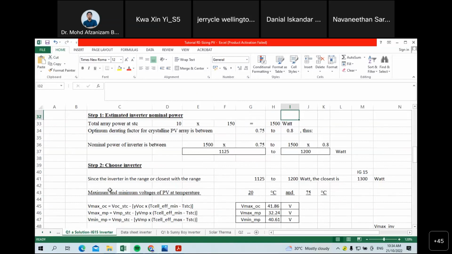Firstly, we start with this equation, yellow in color. Vmax OC, maximum open circuit voltage, equals the VOC, voltage open circuit at STC, minus gamma VOC times T cell effective minimum minus TSTC.